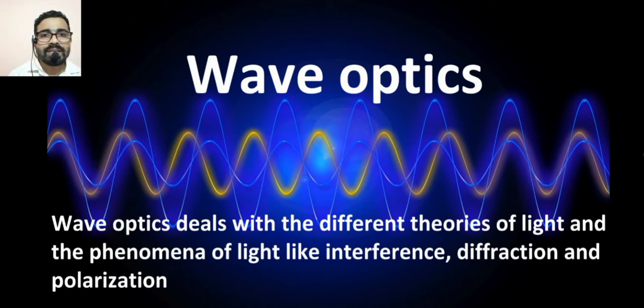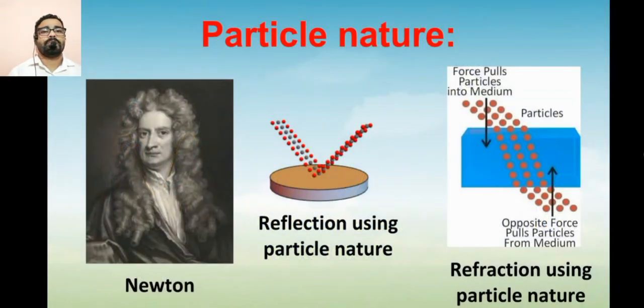He is the first scientist who said that light travels in the form of tiny particles, very small particles, and he named them corpuscles. You can see the picture of Newton over here. He said that light has one nature, and that nature is called particle nature.